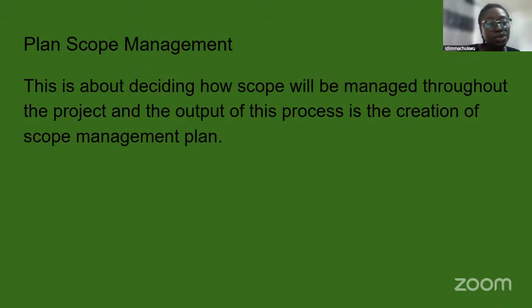Once that decision is made, for example, if the requirement is accepted, then the project manager will need to update all the documents that have to do with that project. I'm talking about the budget plan, the schedule plan, the risk plan. All the documents have to be updated to include the new requirement that has now been added.